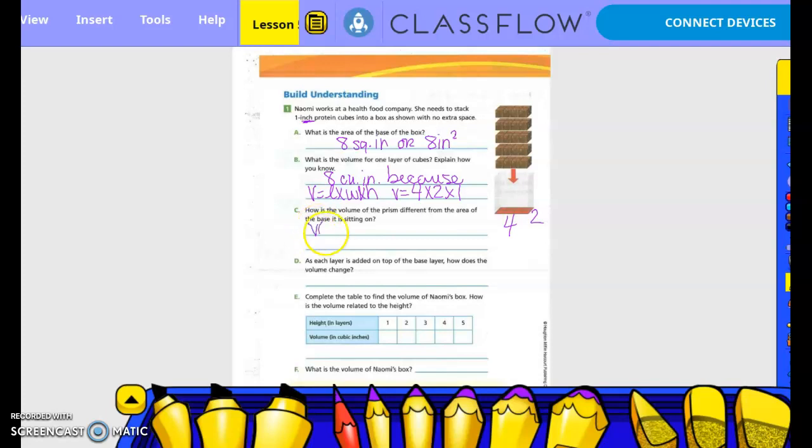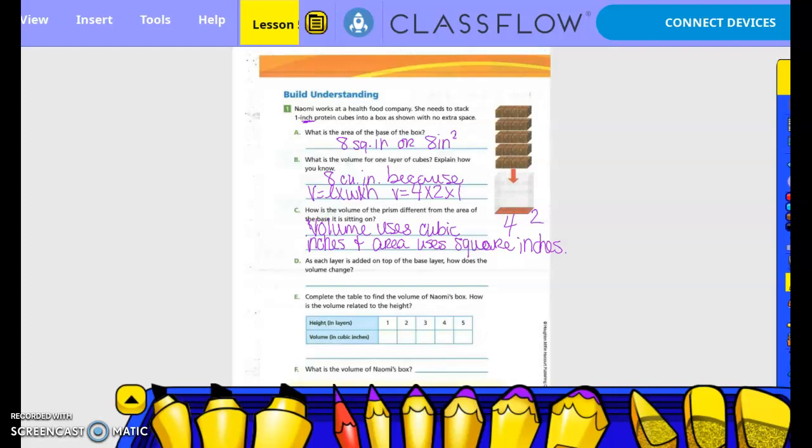So volume uses cubic inches and area uses square inches. In this case, anyways, right? What I mean is we use inches this time. But otherwise, volume is always measured in cubic units, and area is always measured in square units, right?